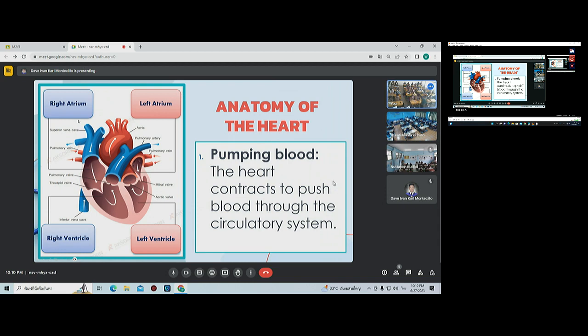I heard something. Okay, very good. This is the pulmonary vein. Okay, let's clap our hands for everyone.